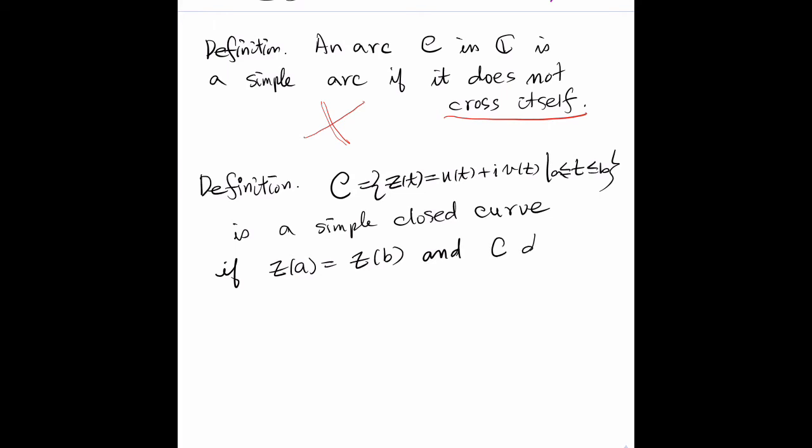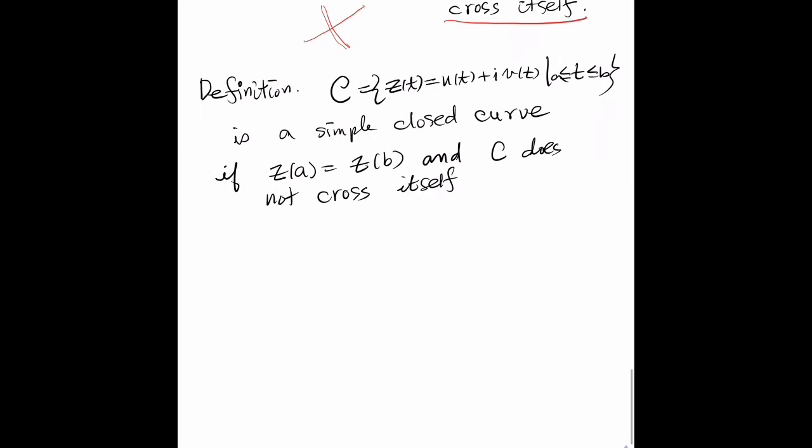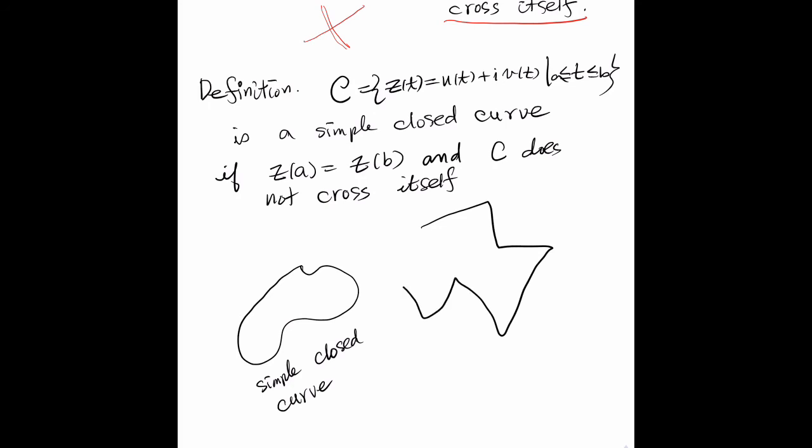Okay, that would be a simple closed curve. So what are the examples? Here I have this curve, a simple closed curve. How about this one? This is still a simple closed curve.